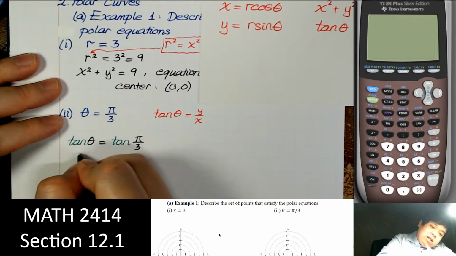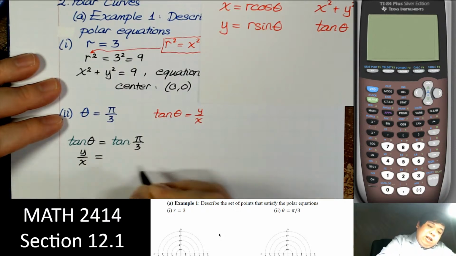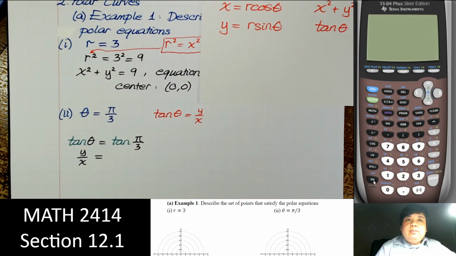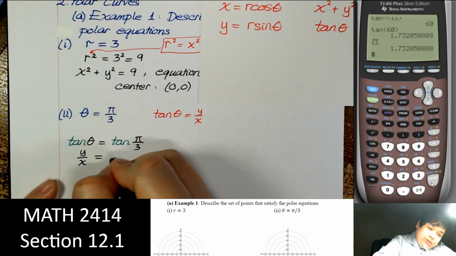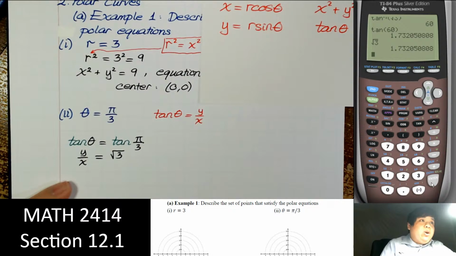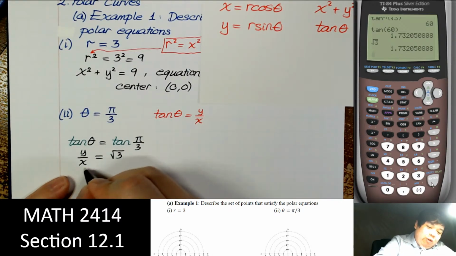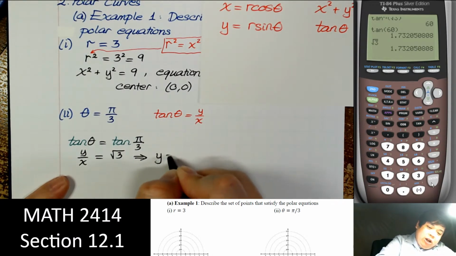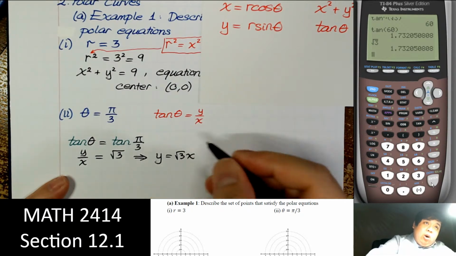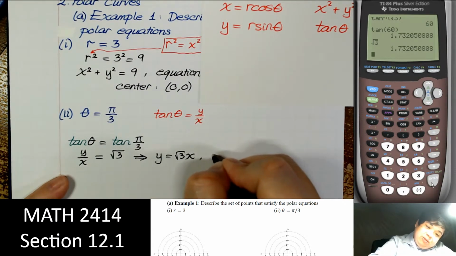Tangent of theta is y over x. Tangent of pi over 3 is tangent of 60 degrees, which is square root of 3. So y over x is square root of 3. So we can say y equal to square root of 3 times x, which is the equation of a line.